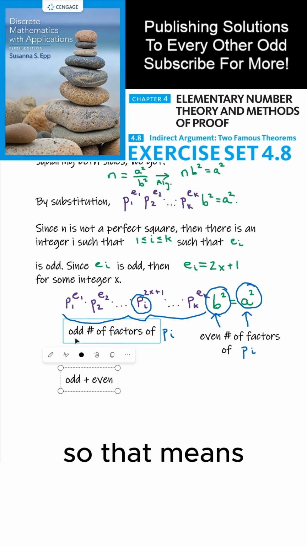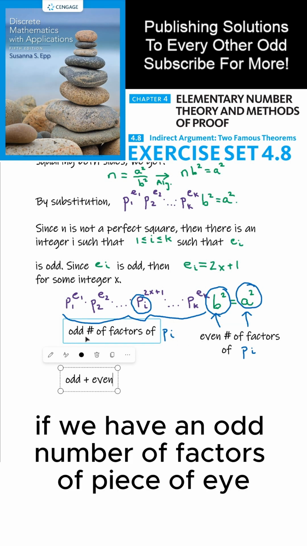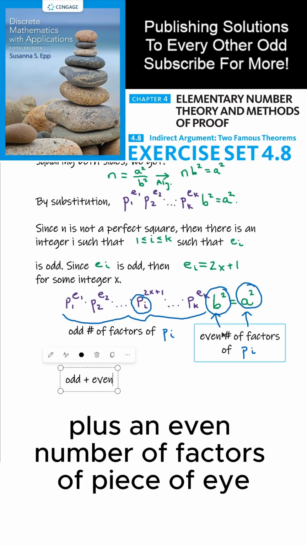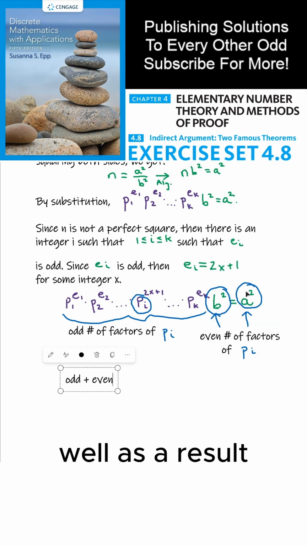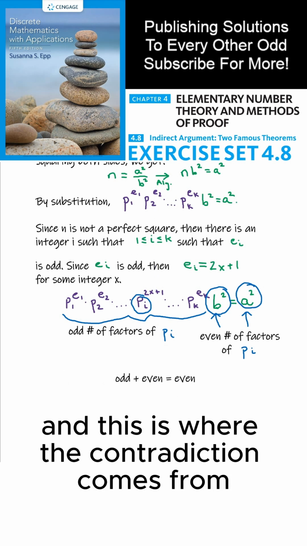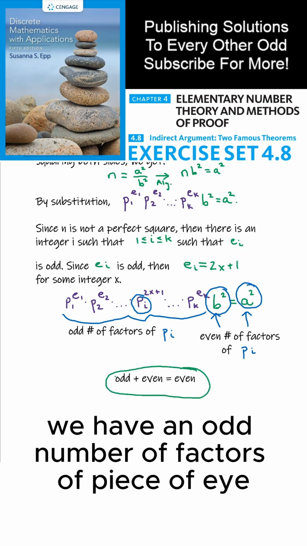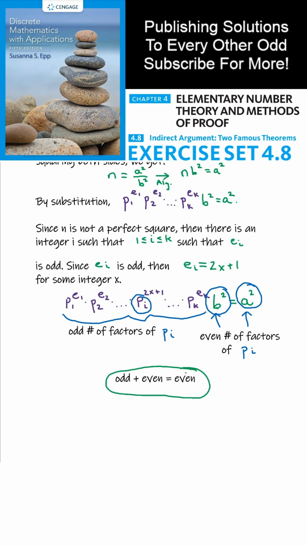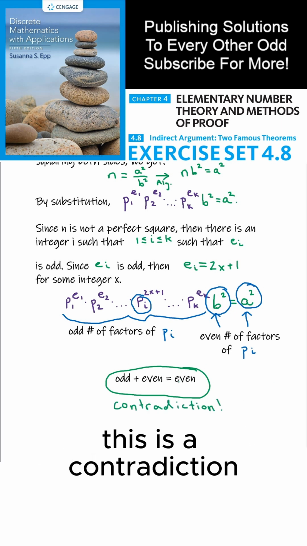So if we have an odd number of factors of p sub i plus an even number of factors of p sub i, as a result, we get an even number of factors of p sub i. And this is where the contradiction comes from. We have an odd number of factors of p sub i plus an even number of factors of p sub i equals an even number of factors of p sub i. That's not possible. This is a contradiction.